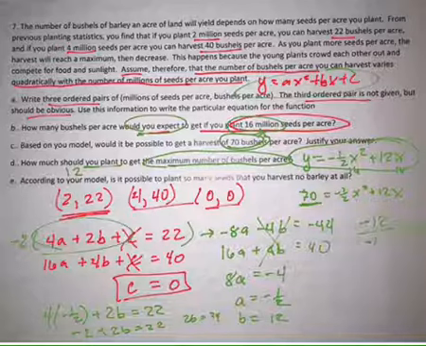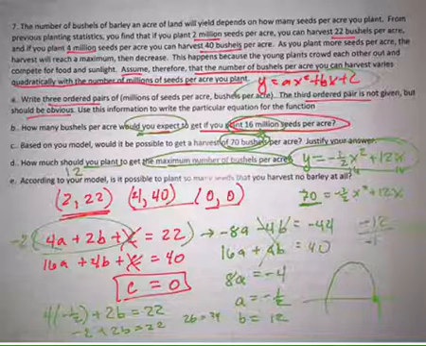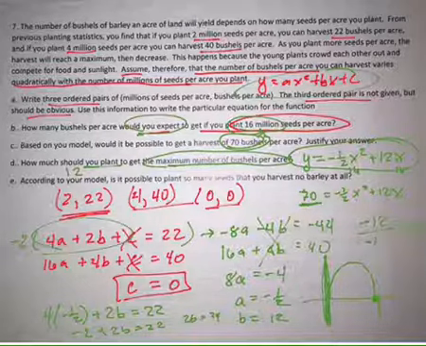According to your model, is it possible to plant so many seeds that you harvest no barley at all? So this is asking, is it possible that you plant so much that now nothing actually grows? Because it's a quadratic, and it is a quadratic, this is an upside down quadratic, and so yes, at some point, remember you got your y, it's going to go through 0, 0, right?